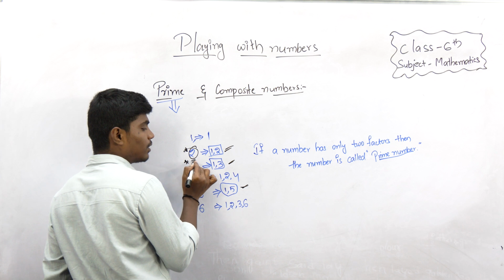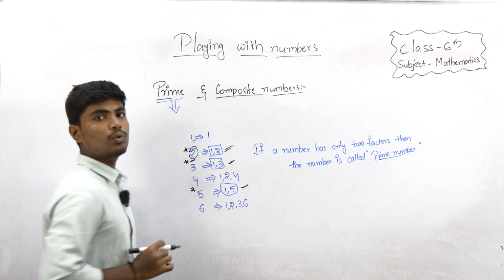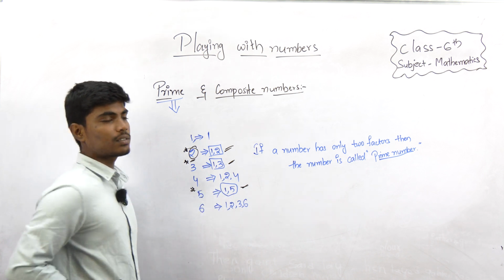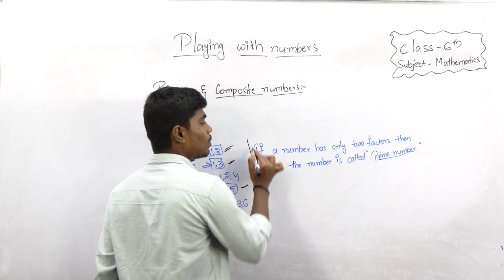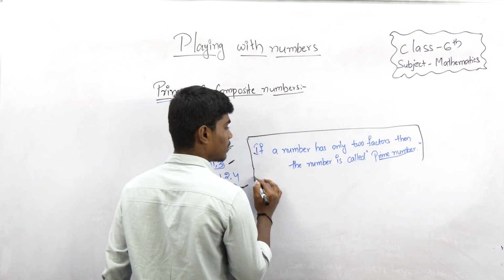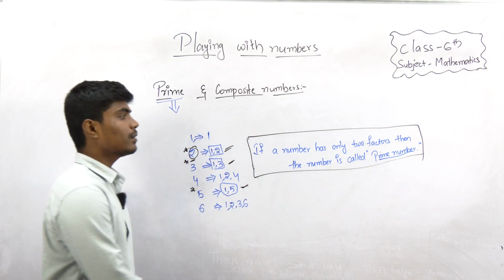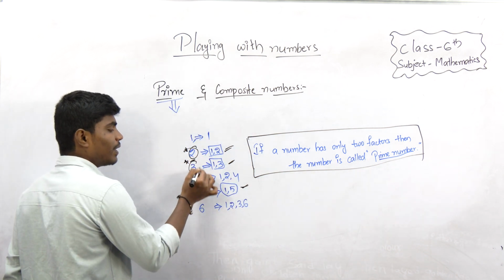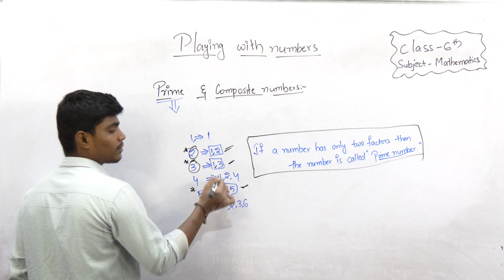If we take 2, it has only 2 factors. If we take 3, there are only 2 factors. So if a number has only 2 factors, then the number is called a prime number. For every prime number, 1 is common.